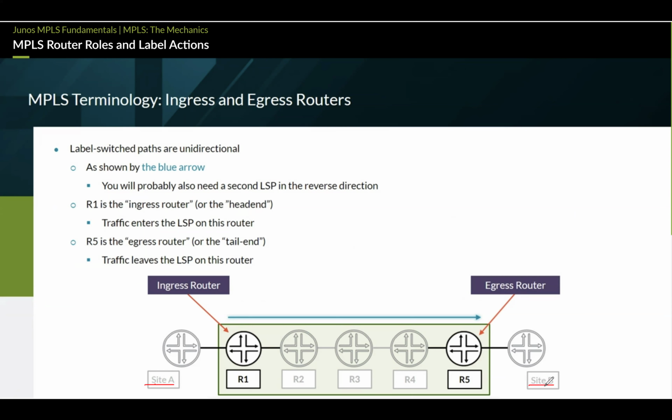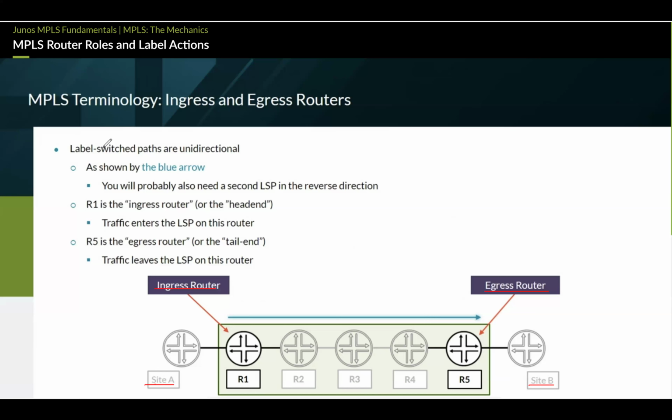The customer CE router is connected with the provider PE, that is R1. I'm considering from left to right, so this router is the ingress router and the last router is the egress router.